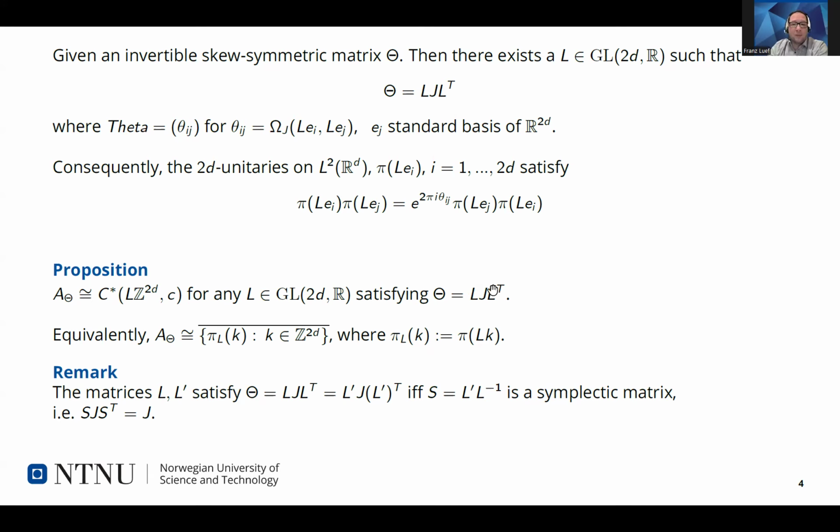But we are not going to care about this ambiguity. It's not going to be relevant for us. We're just pointing out that there are different choices of L that give rise to the same theta.